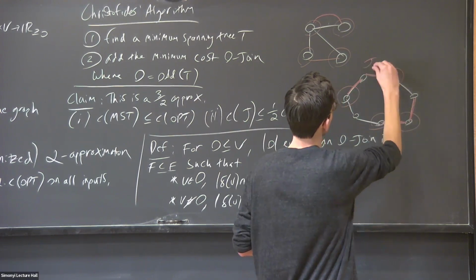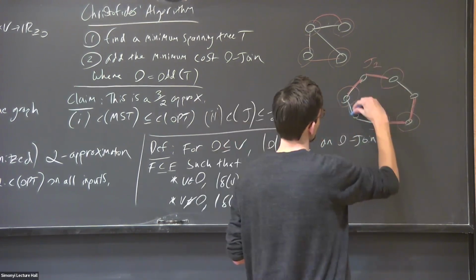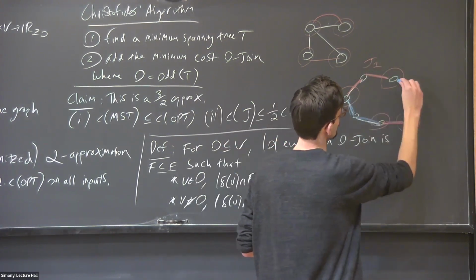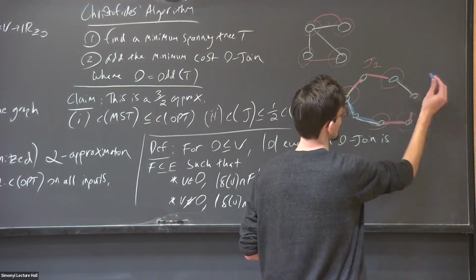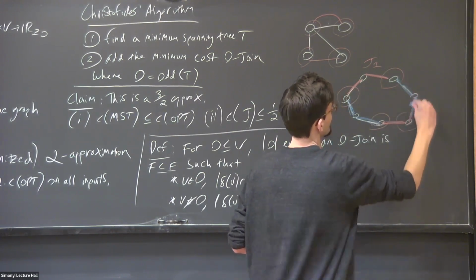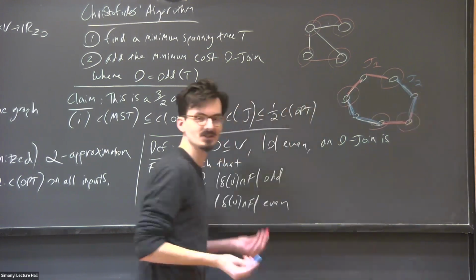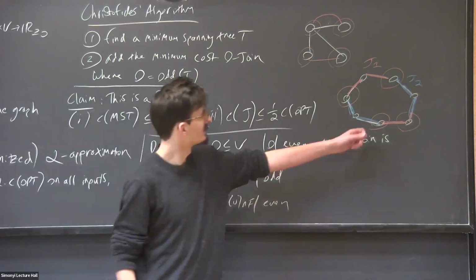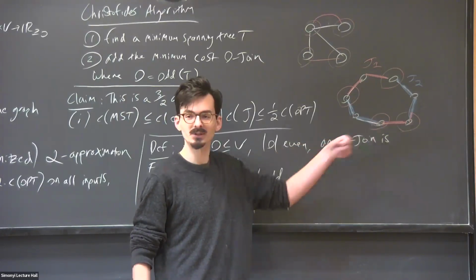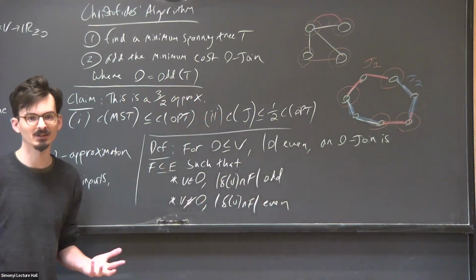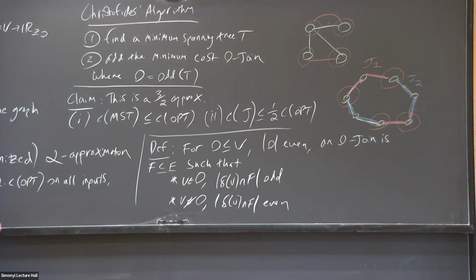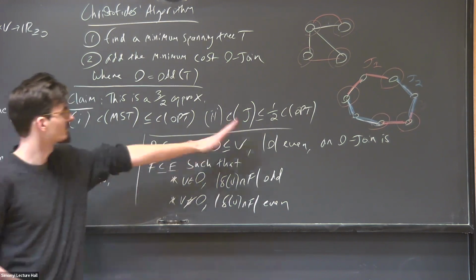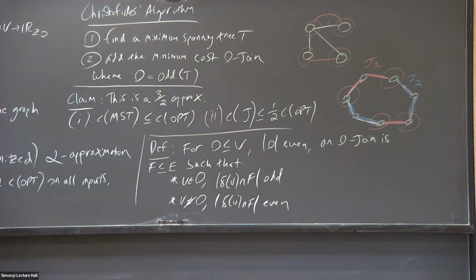Here's maybe J1. I did that wrong, sorry. And here's J2. Obviously the cost of the optimal solution is equal to the sum of the costs of J1 and J2. So one of them has cost at most half of the cost of the optimal solution, and we just find the cheapest one. Okay, so that's the whole proof of Christofides' algorithm.